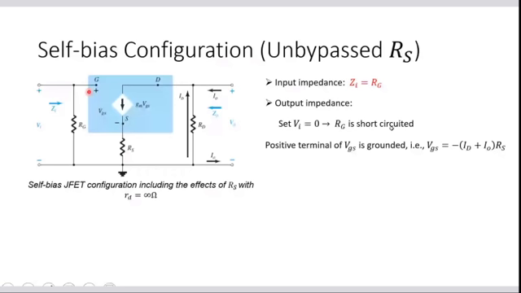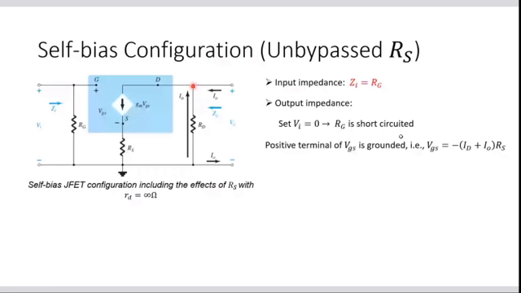When we apply KCL at this node, which I am pointing to with the laser pointer, the incoming currents are equal to the outgoing currents.